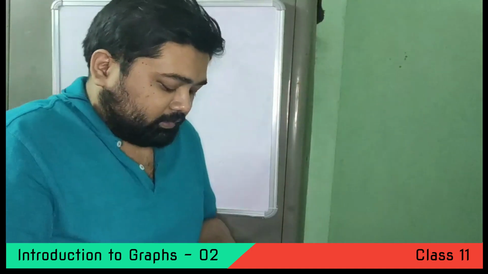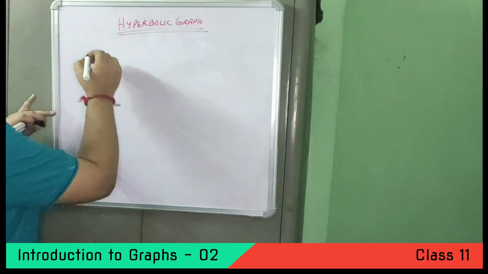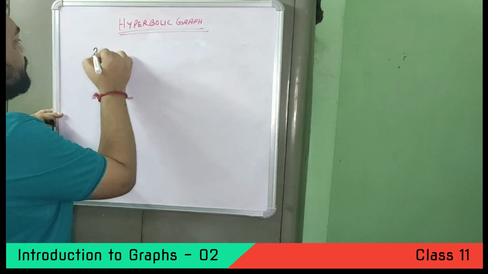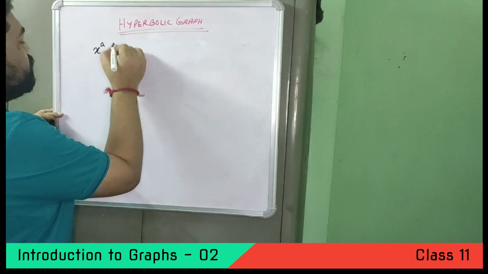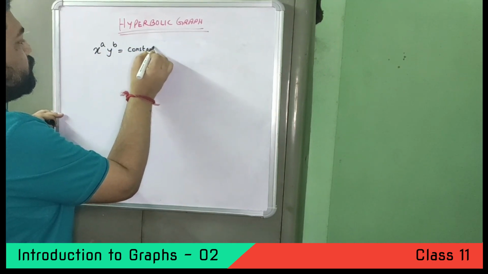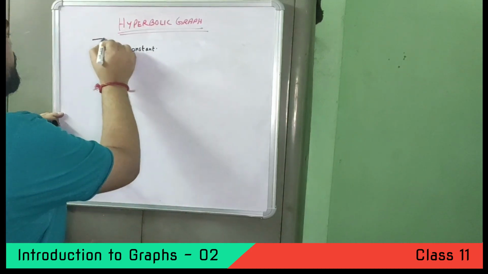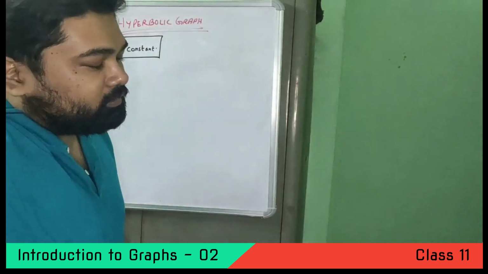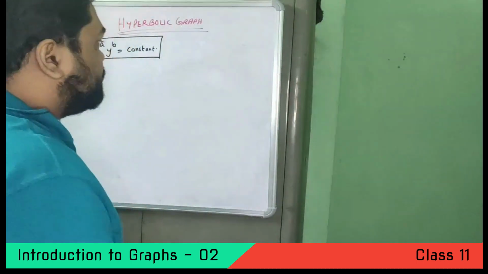Here the general form of hyperbola, that means the form of a rectangular hyperbola, is like x to the power a, y to the power b equals some constant value. This is the equation for hyperbola, that means rectangular hyperbola to be specific.